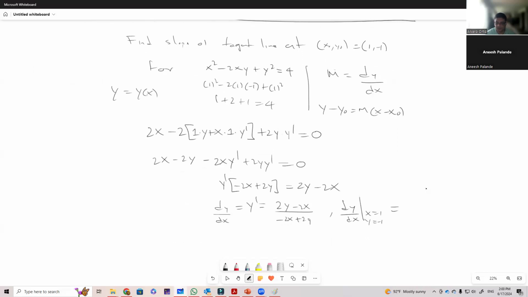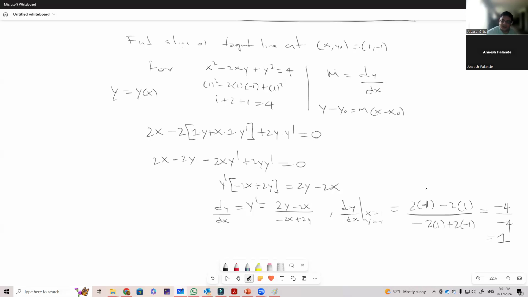So we plug in: this is 2 times minus 1 minus 2 times 1, over minus 2 times 1 plus 2 times minus 1. So this is minus 2 minus 4 on the top, and minus 2 minus 4 on the bottom. So the slope is 1.